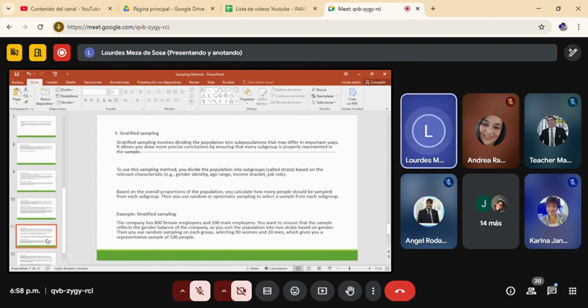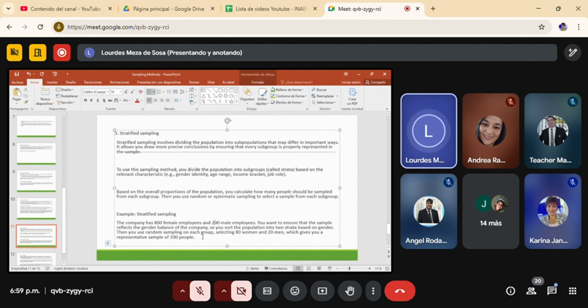You see, we took 10% of this group and 10% of this group, and therefore we have an appropriate sampling.